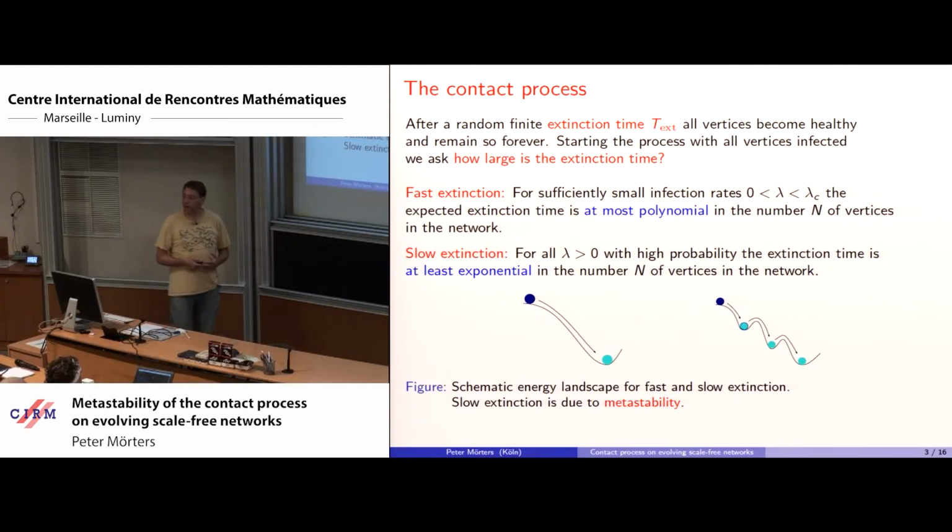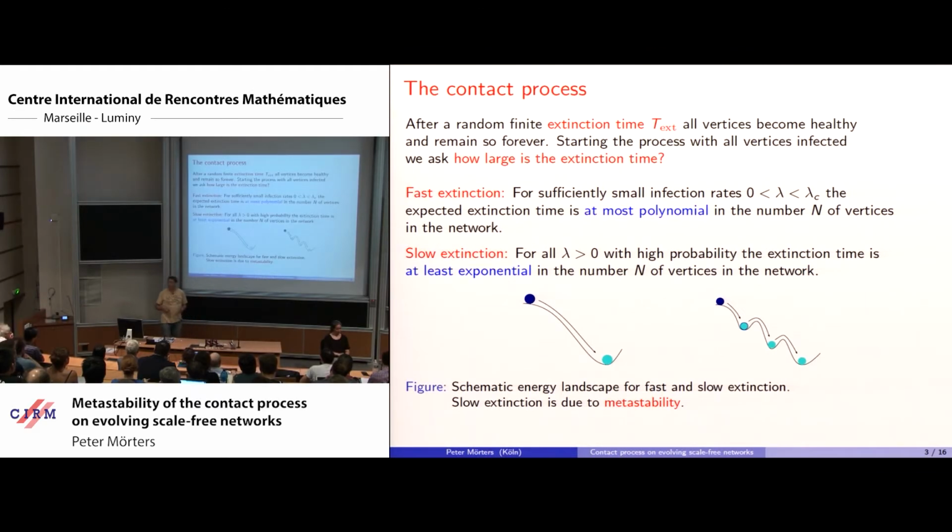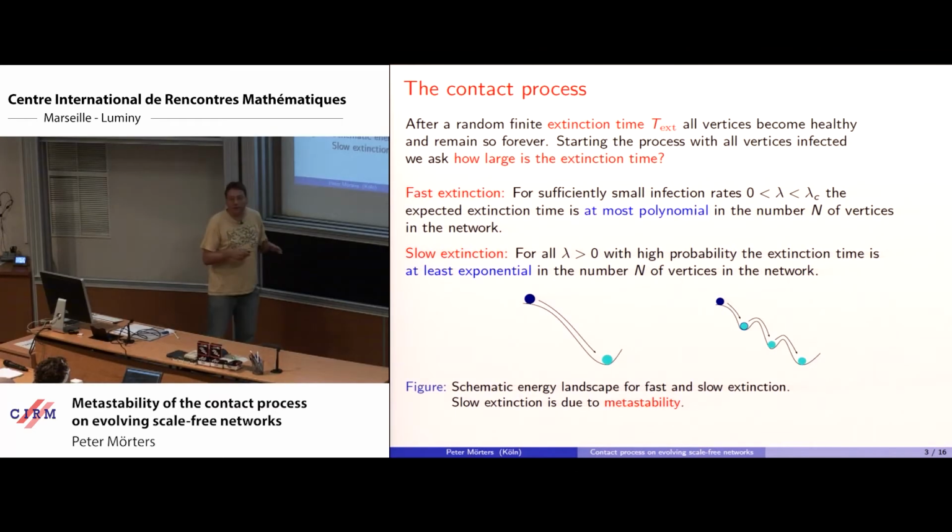So if you run the simulation with a large network, and you're in the slow extinction case, you would not guess that you actually end up in the state where everyone is healthy, because you will spend a very, very long time in the state where you have a number of infected vertices varying around a fixed value, where you're in a quasi-stationary state.